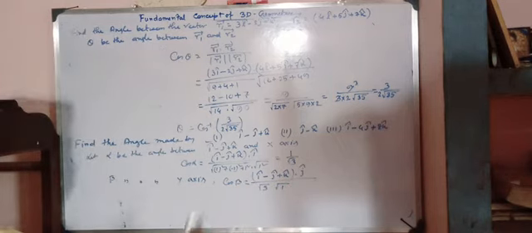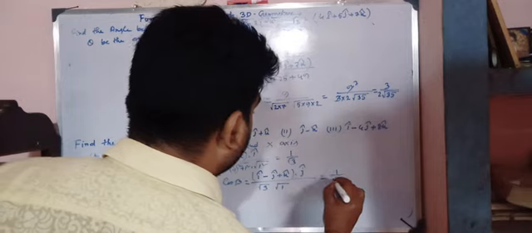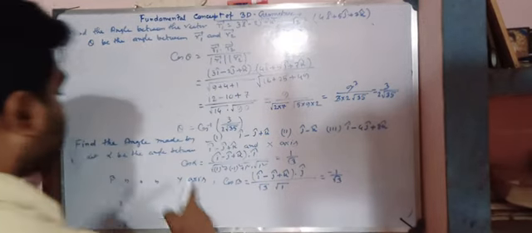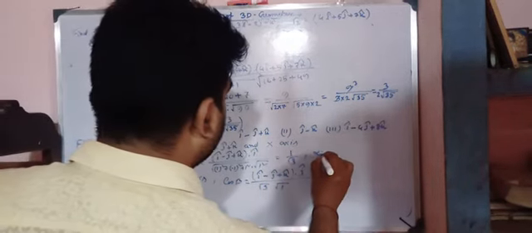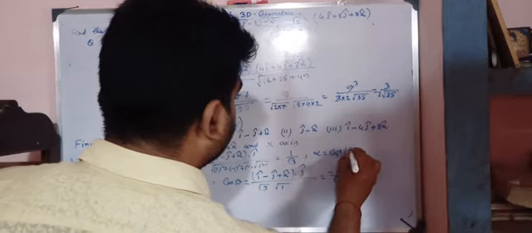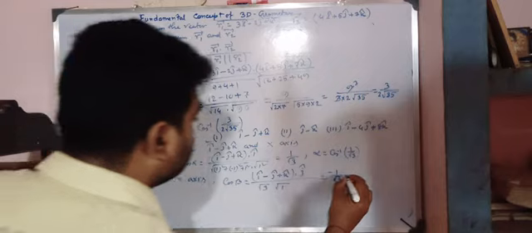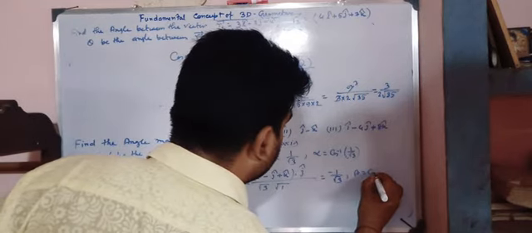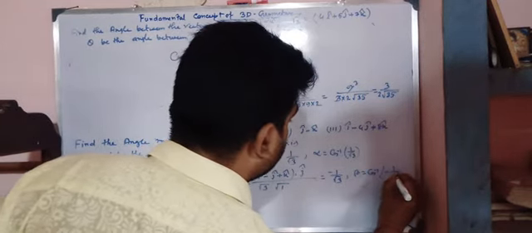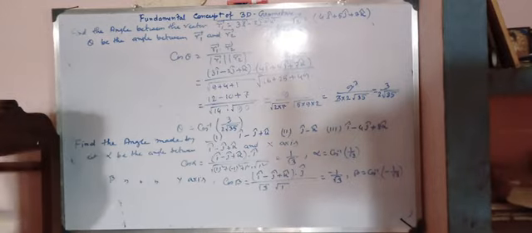So this becomes minus 1 by root 3. So alpha is cos inverse 1 by root 3, and beta is cos inverse minus 1 by root 3. Understood that?